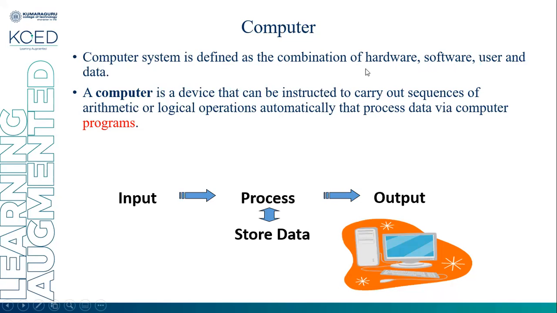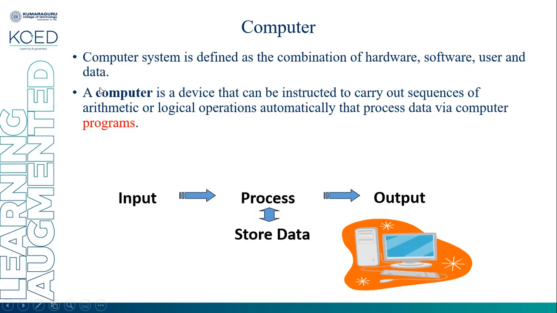So everything is called hardware. Software is a computer program which runs on your computer. A user may write some program or interact with the computer. Data is passed from the user to the computer, and the computer also displays some data to the user.